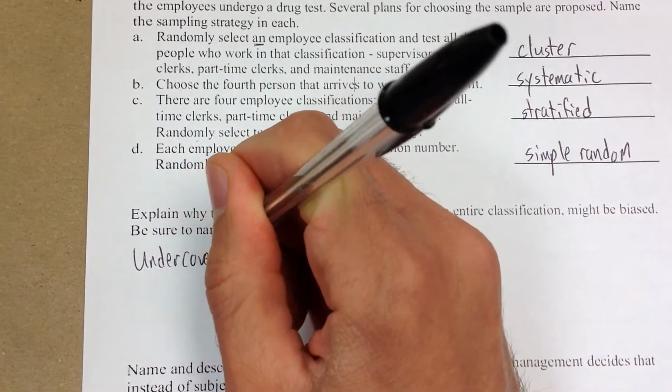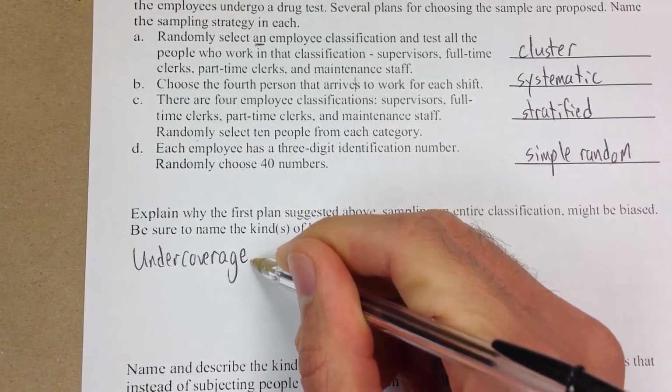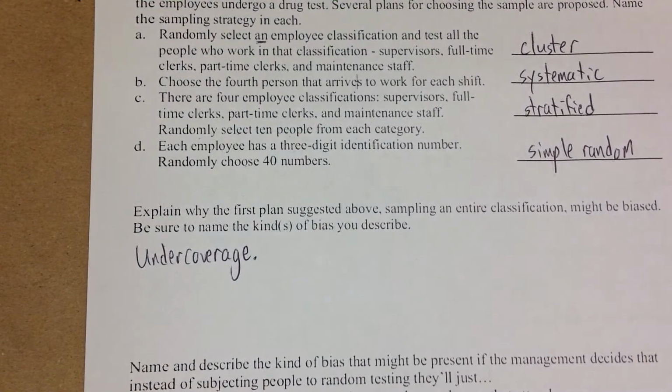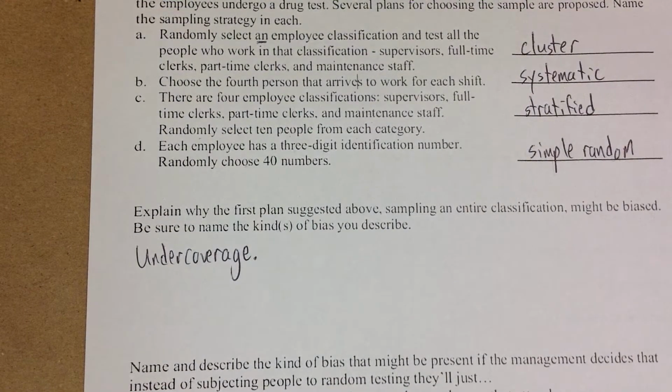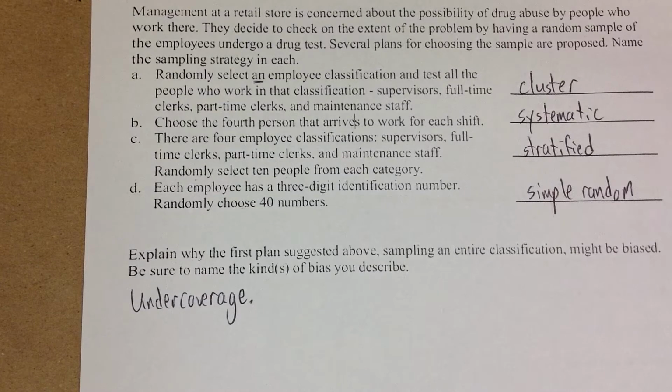I'm going to answer this in a shorthand type of way. If this was the actual AP exam or one of my assessments or a report you were writing, you would write in full sentences. But I think that the suggestion in letter A can certainly lead to undercoverage. We're just picking one of these classifications. For example, supervisors might get chosen at random and then just doing a drug test there.